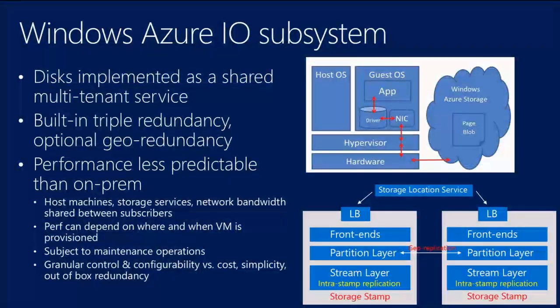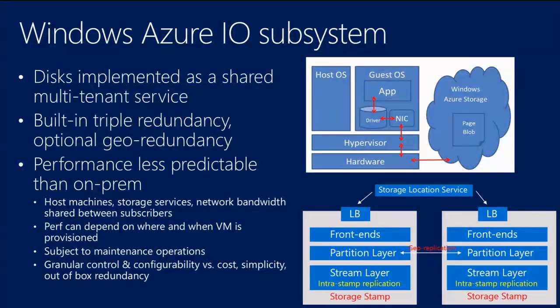But as I mentioned, the performance can be less predictable because there are other things going on. You've got host machines, storage services, network bandwidth, all shared between subscribers. So the performance depends on when and where the VM is provisioned. There can be maintenance operations behind the scenes, so you can get a little amount of variability. But as I said, it's not too bad.